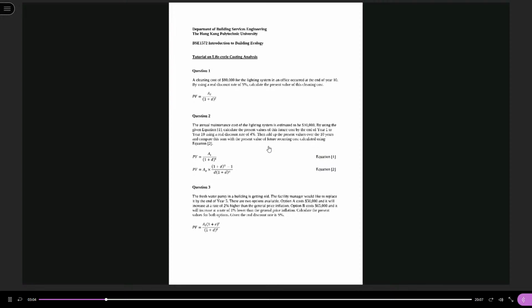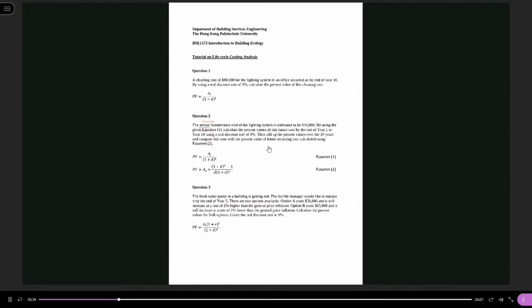And then question 2. The annual maintenance cost of the lighting system is estimated to be 10,000, and it is an annual cost. So it means it will happen every year. So it is a recurring cost. By using equation 1, calculate the present values of this future cost by the end of year 1 to year 10 using a real discount rate of 4%.